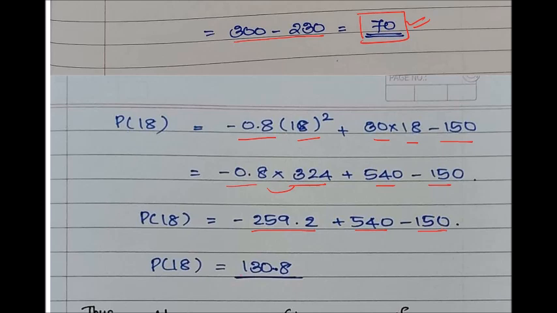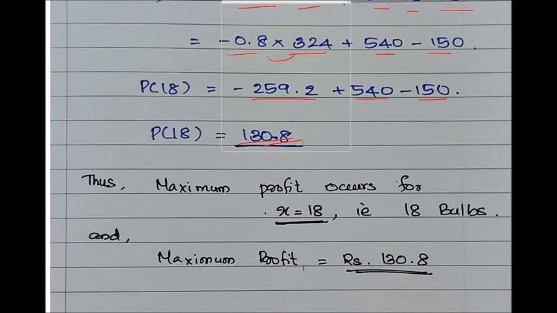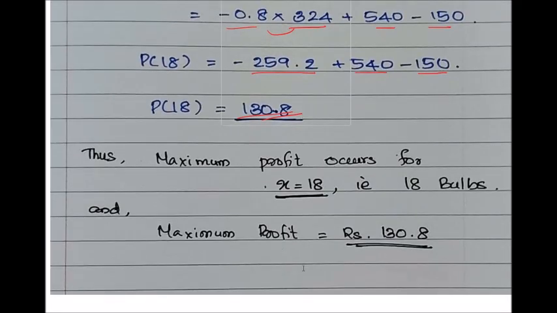Solving this, we will get P(18) = 130.8. Thus, we can say that maximum profit occurs for x = 18, that is 18 bulbs per hour, and the maximum profit is rupees 130.8.